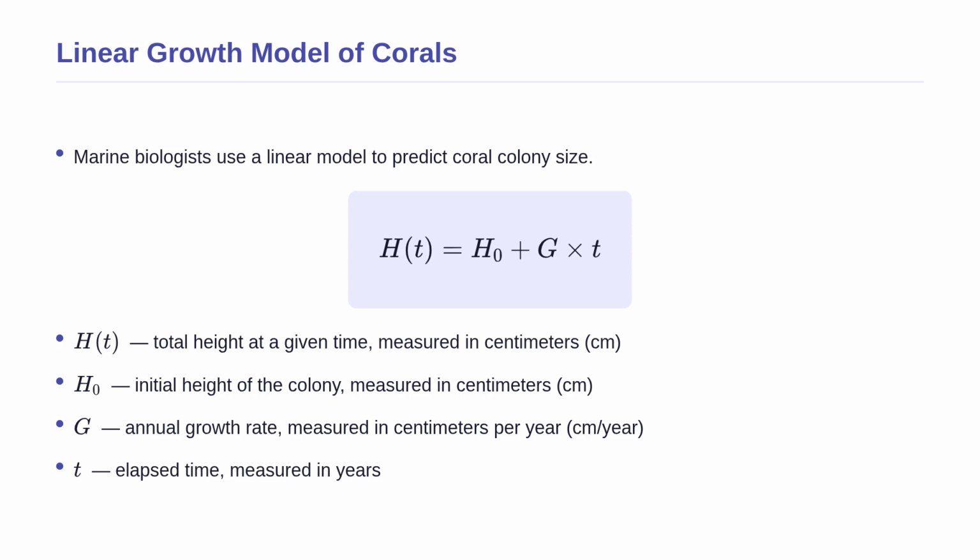H naught is the initial height, when we first start observing it. G is the annual growth rate, meaning how much calcium carbonate skeleton it adds each year. Finally, t is the elapsed time in years. Conceptually, the future size is just the starting size plus the accumulated new growth. If the growth rate g increases due to optimal sunlight, the final height will increase much faster.